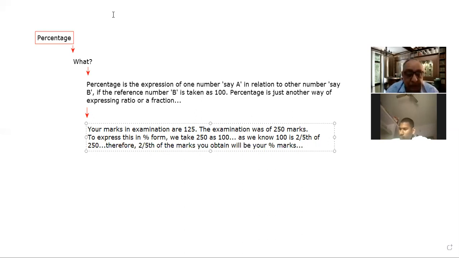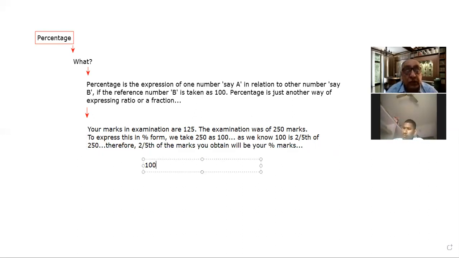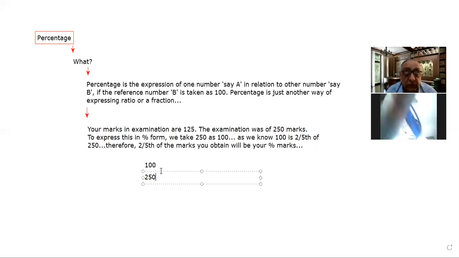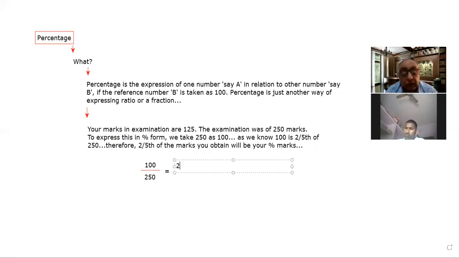See, because we have to reduce 250 into 100. To reduce 250 into 100, 100 is what part of 250, we need to see that. So 100 upon 250 becomes equal to 2 upon 5. If 100 is 2/5 part of the total marks, then the marks obtained in percentage will also be 2/5 of the marks you have obtained.